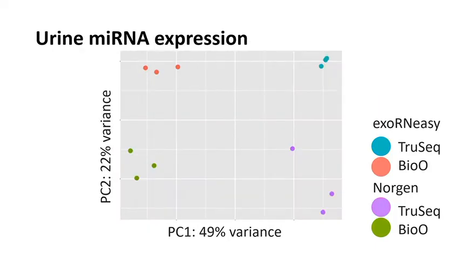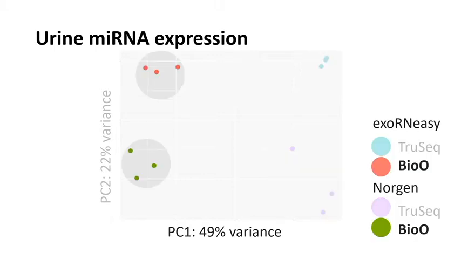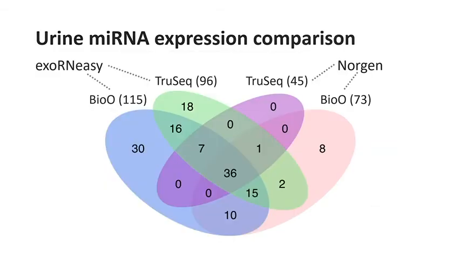And then if we focus on only those urine results, you can see that those symbols are separated by their library preparation methods. So the library preparation TruSeq would be on the right-hand side, and the library preparation Bio would be on the left-hand side.